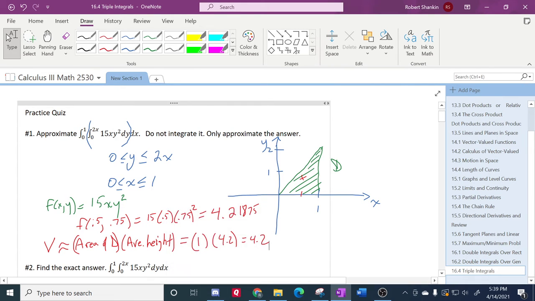Yes? I'm sorry. So main point is you just pick the convenient point, somewhere near the center. Yeah. Easy to find the coordinate. Yeah. Okay. Somewhere near the center of the figure, so it's kind of an average height.